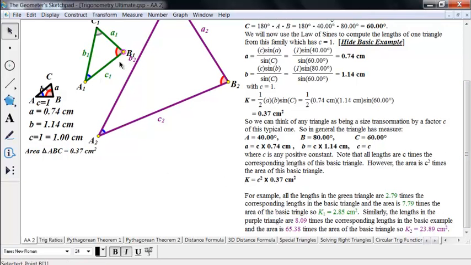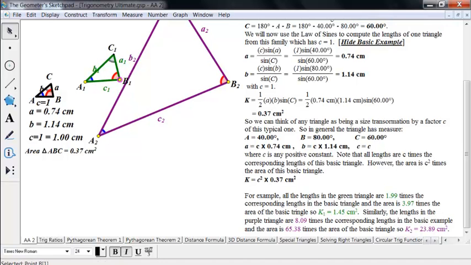So, for example, let's take the green one, and let's see if I can make the length twice as big. Yeah, I'm close. 1.99. So about twice as big.